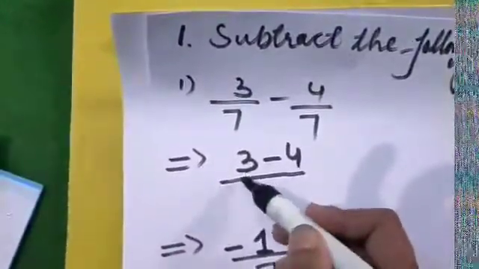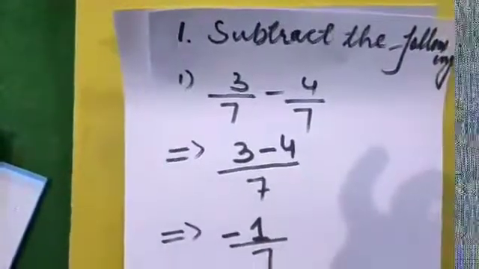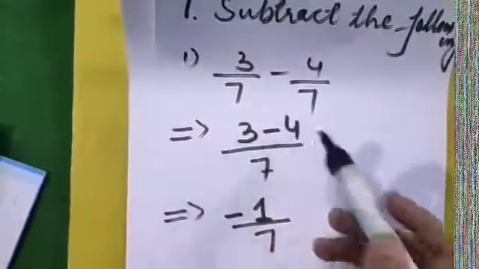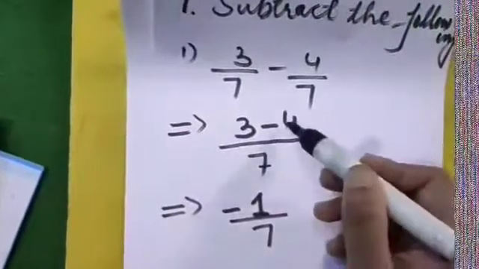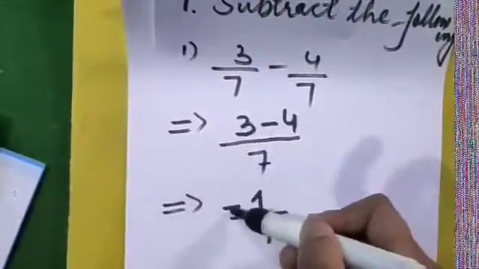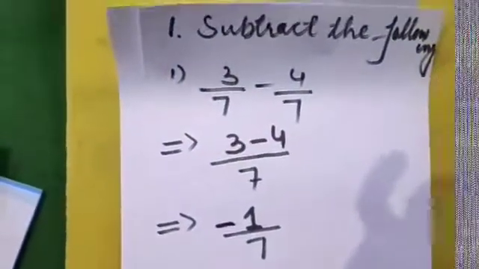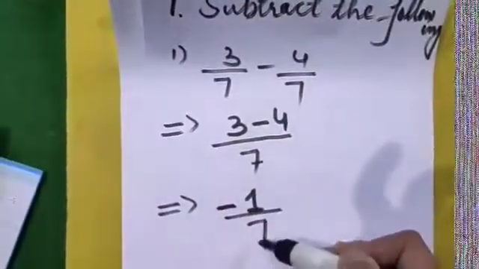When a larger number is subtracted from a smaller number, we will get the negative sign. 3 subtract 4 is 1, but 4 is greater than 3, so we will put the negative sign here. So our answer is negative 1 upon 7.